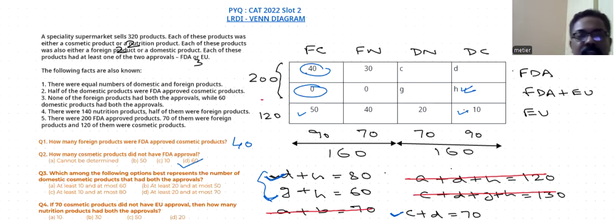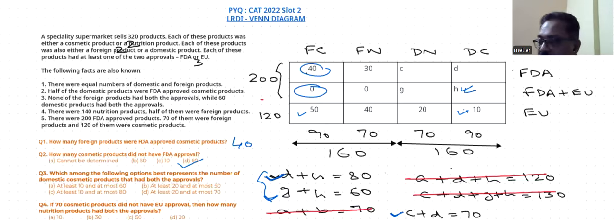So obviously in this particular question, you have to go with the options. Which option will be best suitable? Check. If you have a look at the equations, D plus H is 80 and G plus H is 60. If you consider both equations simultaneously, the maximum value of H cannot be more than 60.